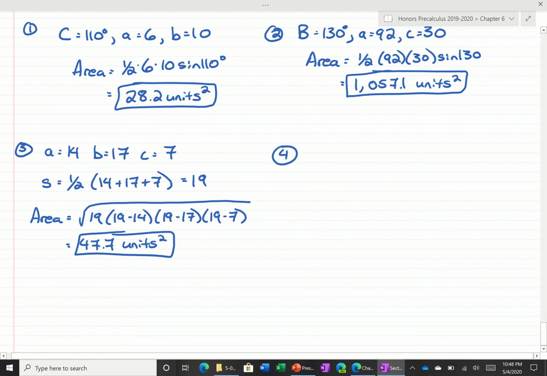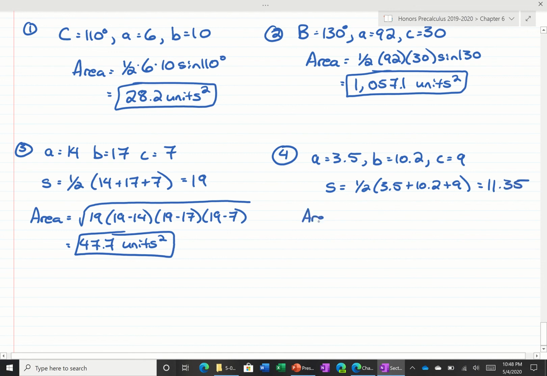Let's try to do one where we have 2 angles. I'll just keep going here. For number 4, it says side A is 3.5, side B is 10.2, side C is 9. So we have 3 sides, so let's figure out what our S is for Heron's formula. For number 4, S would be 11.35.